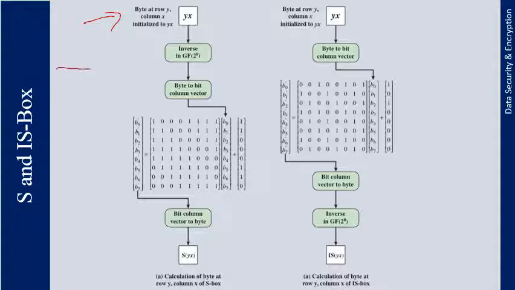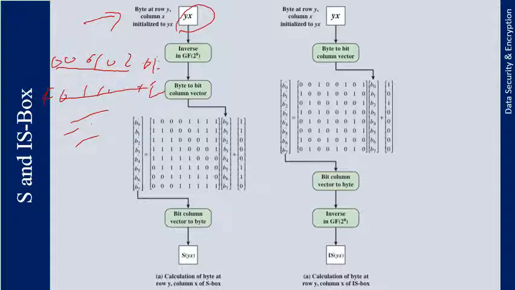The initial row will be 00, 01, 02 to 0f, and the next row goes 10, 11, up to 1f, and so on up to ff. Thus, the byte value at row y and column x is referred to as yx.